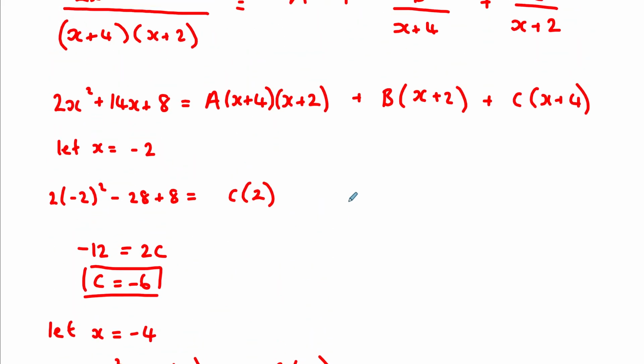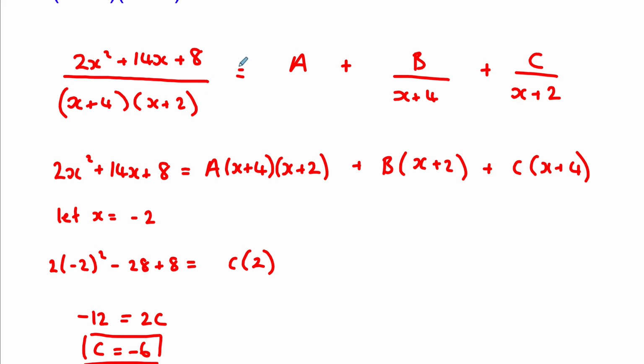But what we can do is remind ourselves that this is actually an identity, which means it's true for all values of x. We chose particular values of x to help us eliminate part of the right hand side, but it's true for any value of x. So if I choose one more value of x that I've not chosen already, now that we know b and c, there is only one unknown.